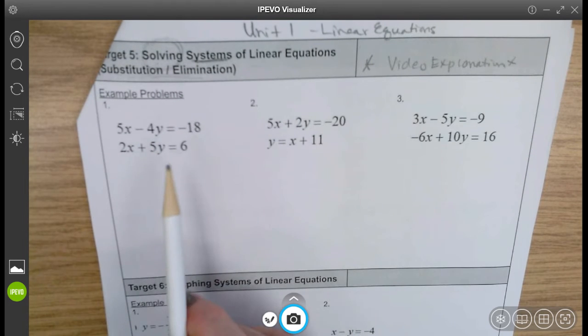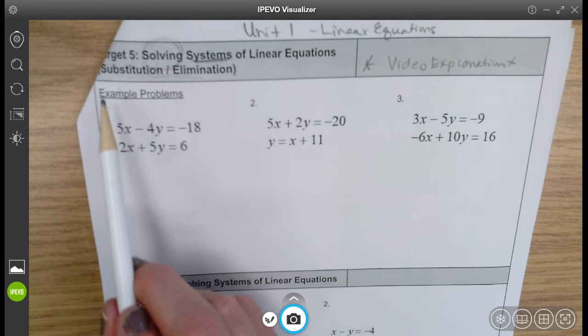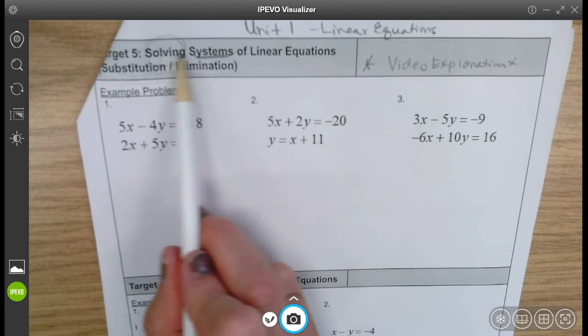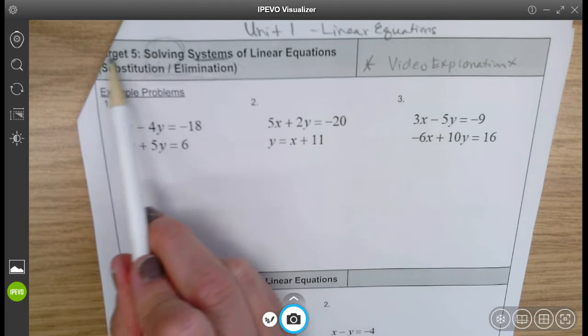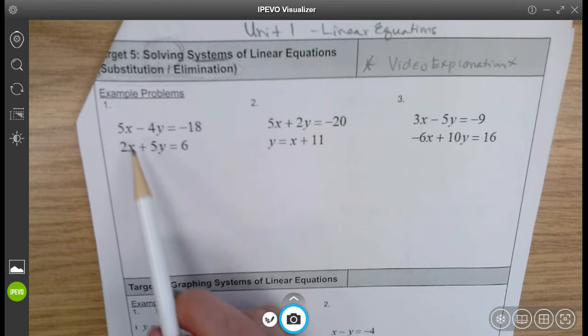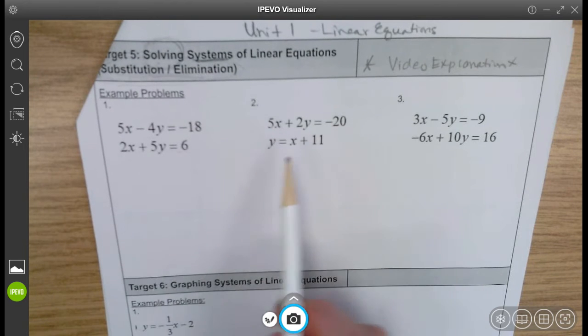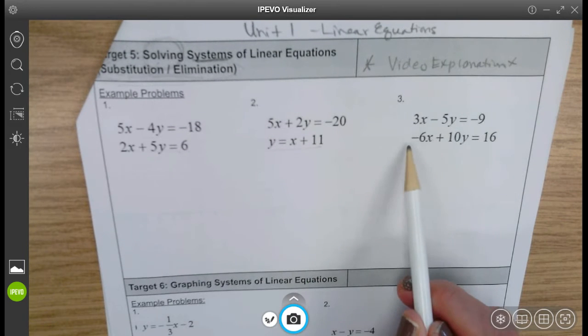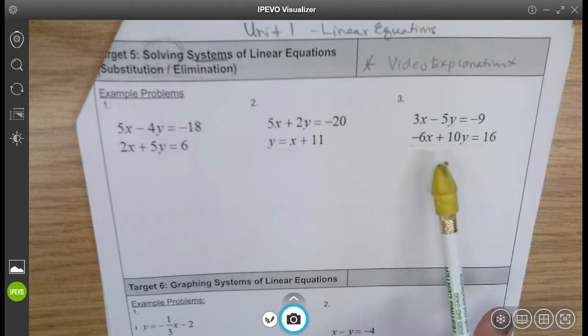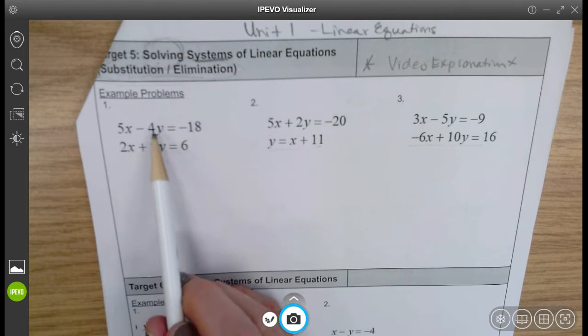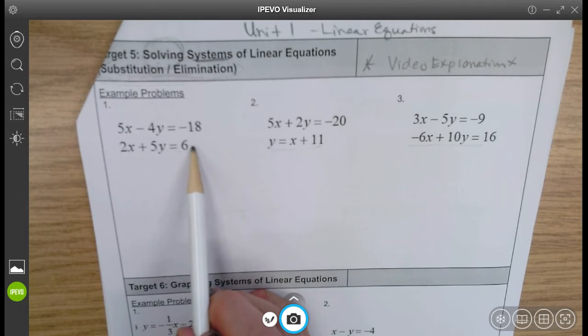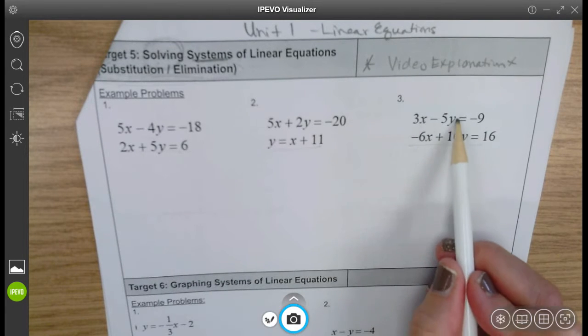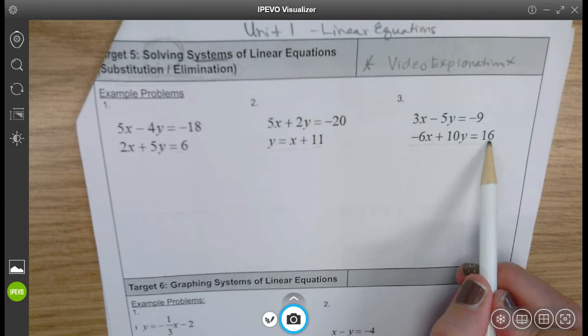First of all, let me talk about this. If you've always gotten lost figuring out what's the best method to use, should I use substitution? Should I use elimination? If you look at just the way they fall on the page, you'll notice the 2 on the ends are stacked so that all the letters are on one side and all the constants are on the other. Letters, letters, equal sign, constant.